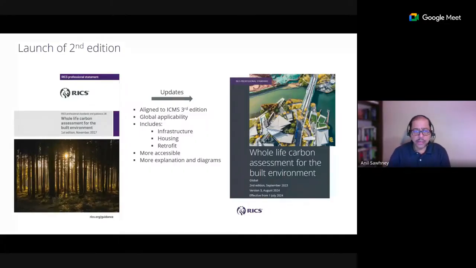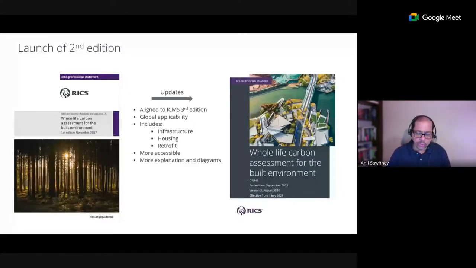It now includes methodology to calculate emissions from all types of projects, infrastructure projects, housing projects, small residential projects, to retrofits. Okay, it is connected to another standard called ICMS, which we are going to discuss today, so that the standard can not only calculate carbon emissions, but it can also connect to cost, because most decisions about reducing carbon emissions should be made in a cost-effective fashion.